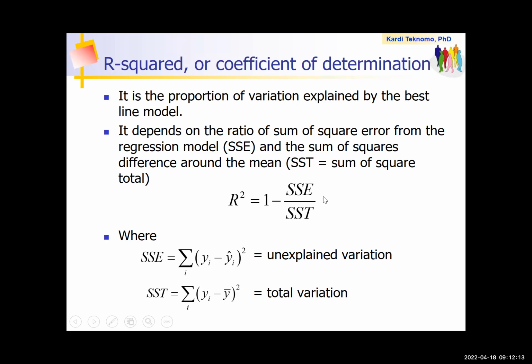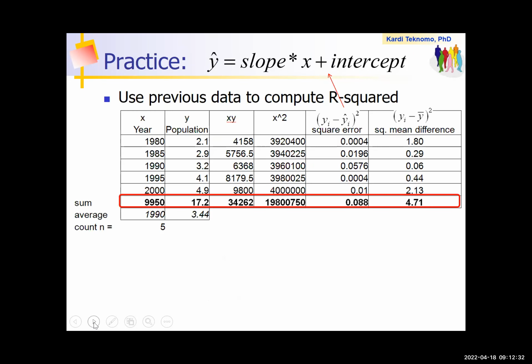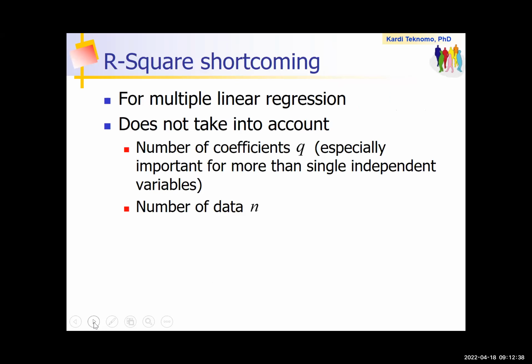You already know that we computed SST by the data minus the mean of the data of the dependent variable. In that case, we call this total variation. So we get this value for the R square, right?